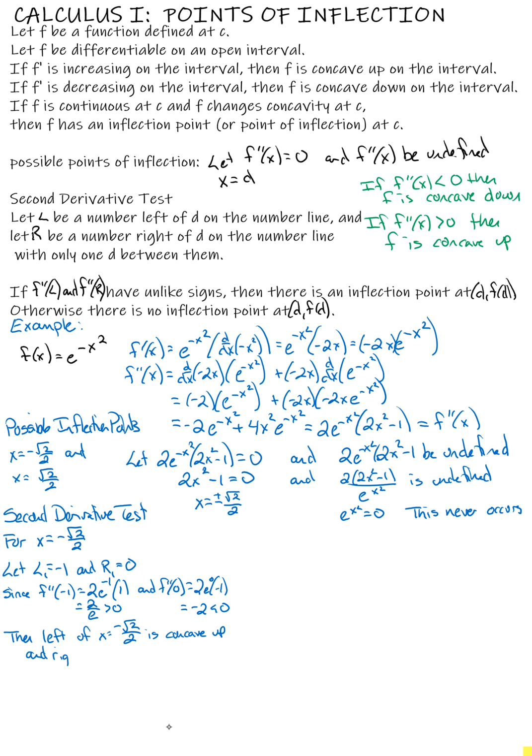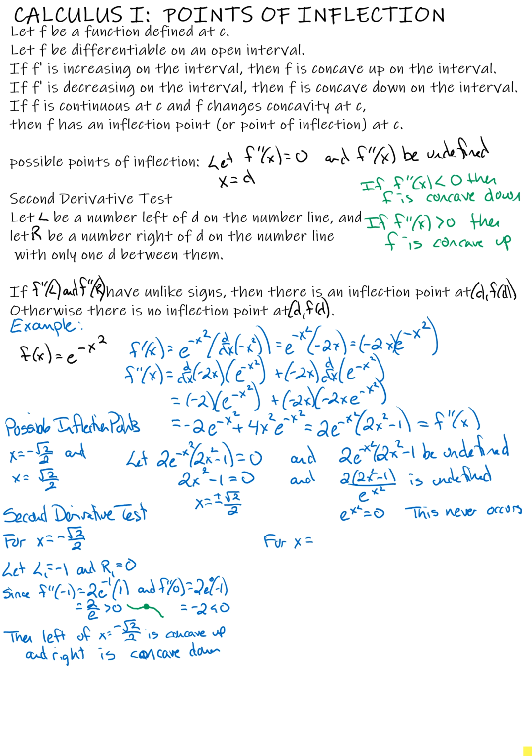And to the right, it is negative, so that is concave down. So concave up to the left, concave down to the right must mean there's a point of inflection there in between.